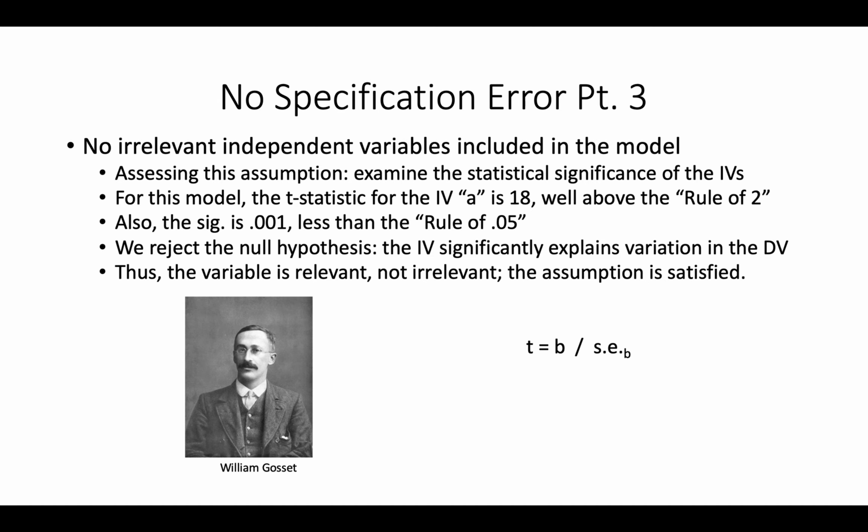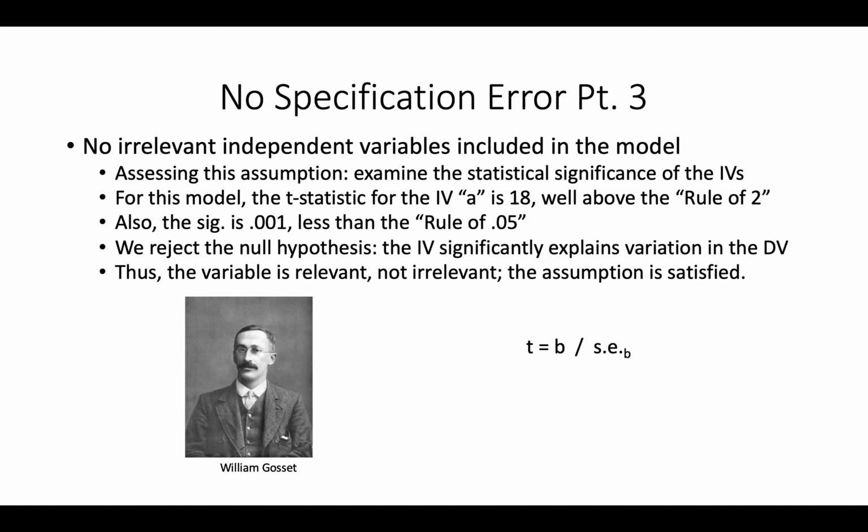We note that in this model, the t-statistic is 18 for the independent variable, far beyond the rule of 2, so it is statistically significant. We also see that the sig is 0.001, far beyond the rule of 0.05, so again, the independent variable is statistically significant. Thus, we have no irrelevant independent variables included in the model, and the assumption is satisfied.